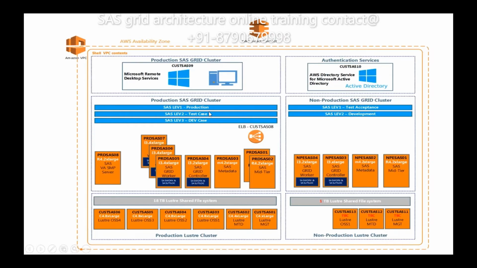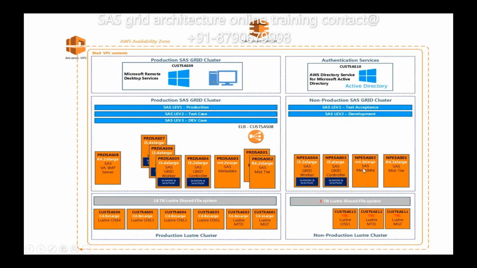So why have we created it like this? Why have we not put test and dev also in this environment, or else created another server? Because the server architecture is completely different from here to non-production.